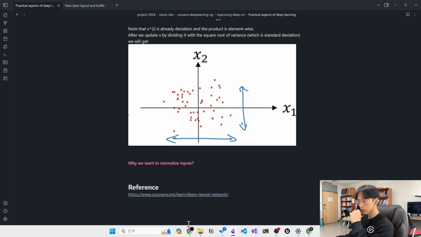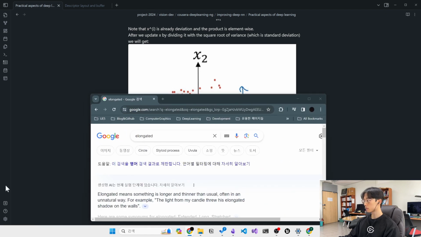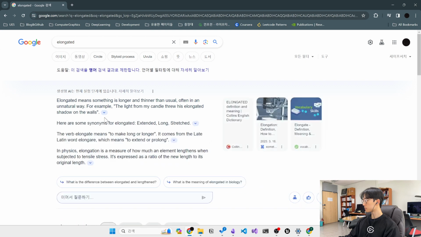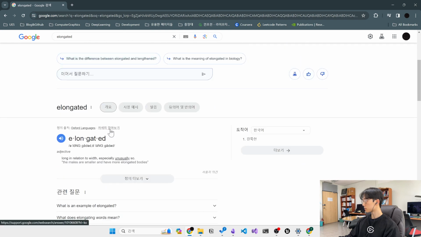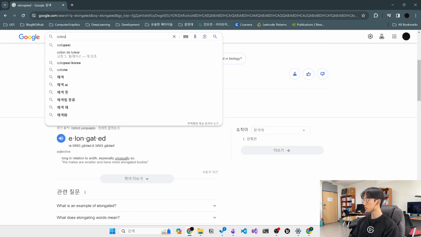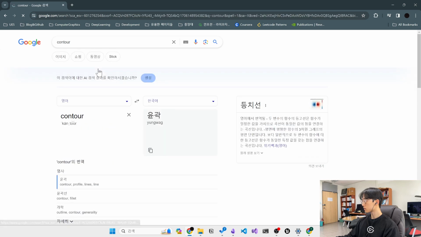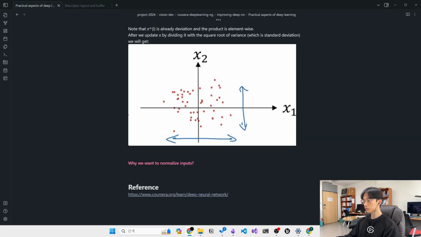So if you plot the contours of this function, you can have a very elongated function like that. Whereas if you normalize the features, then your cost function will on average look more symmetric.